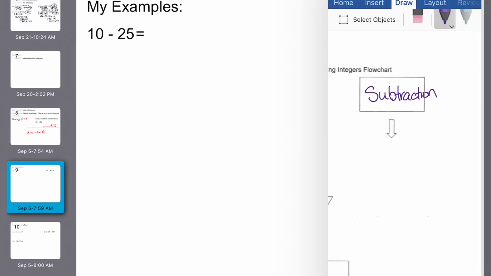And then in your notes, go ahead and copy down 10 minus 25. All right, so when we're subtracting integers, we always do a process called LCO. And I'm gonna make these letters fancy because this is super important.